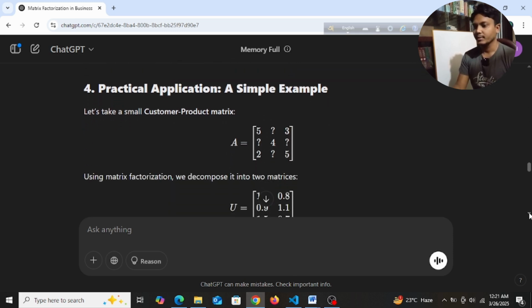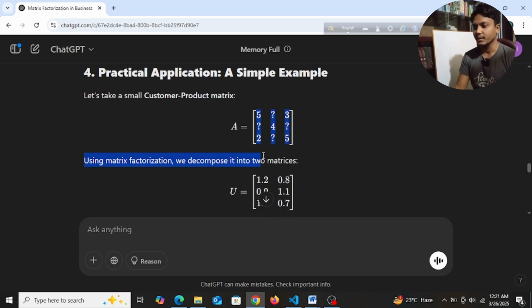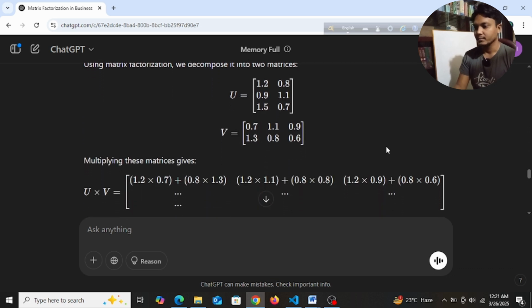Anyway, the practical application, so this is the A matrix. Let's take a small customer product matrix, A matrix. Using matrix factorization, we decompose it into two matrices, right? So this is U and this is V. When you multiply this, 1.2 into 1.7, 0.7, 0.8 into 1.3, and so on. 1.1 multiplied by 1.1, and 0.8 into 0.8.